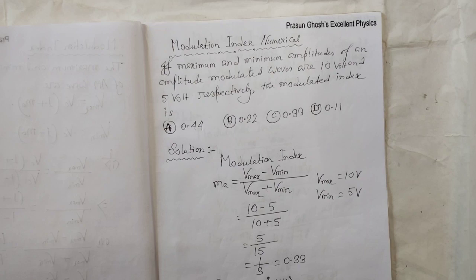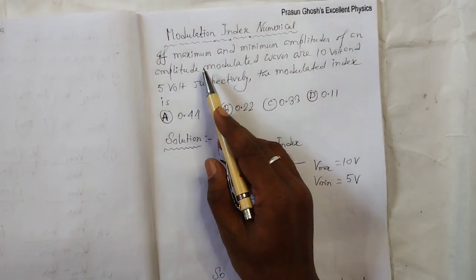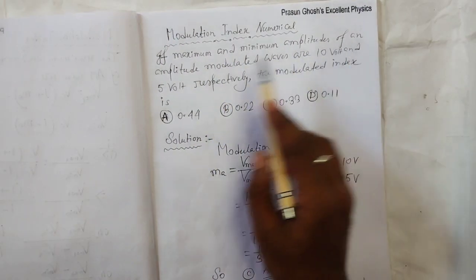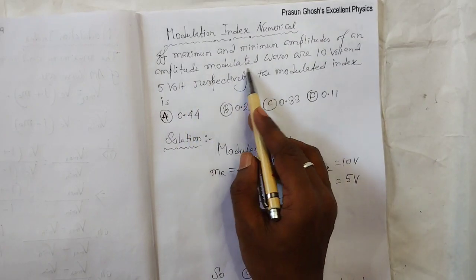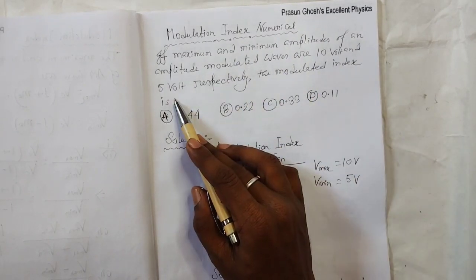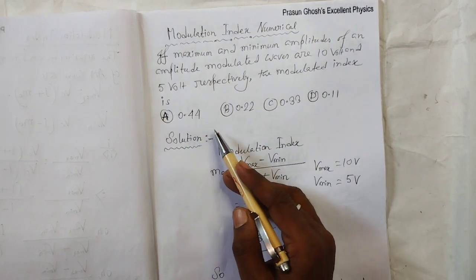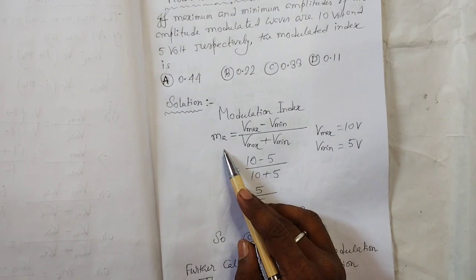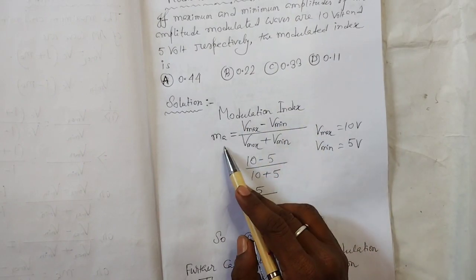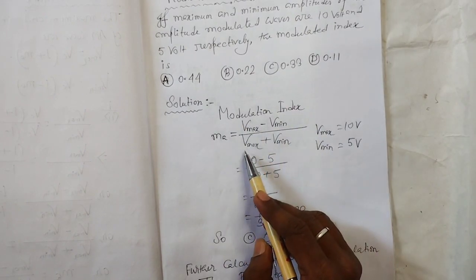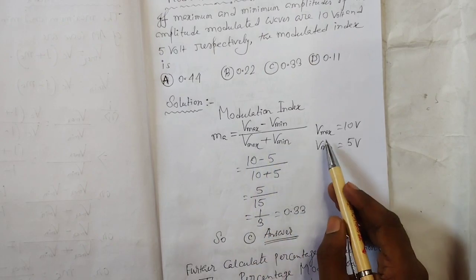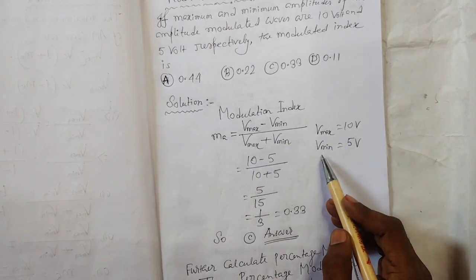Some numericals about the modulation index. If the maximum and minimum amplitudes of amplitude modulated waves are 10 volt and 5 volt respectively, we have to calculate the modulation index. We know Ma equal to (Vmax minus Vmin) by (Vmax plus Vmin). Here Vmax equal to 10 volt, Vmin equal to 5 volt.